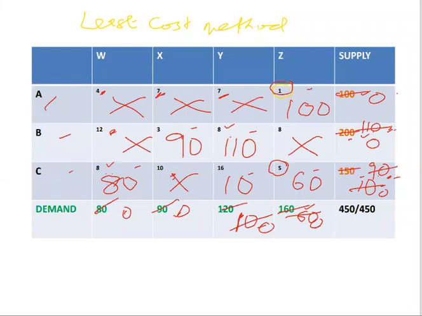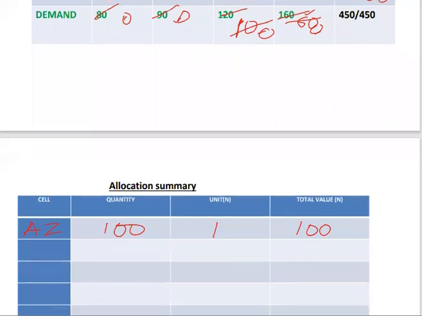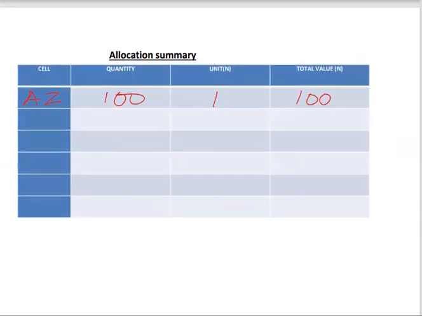All right. The next one is BX. If you have it there, just call them out for me. BX, what is the total quantity? 80.